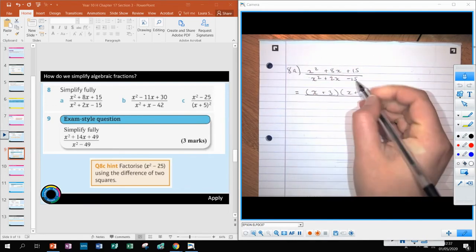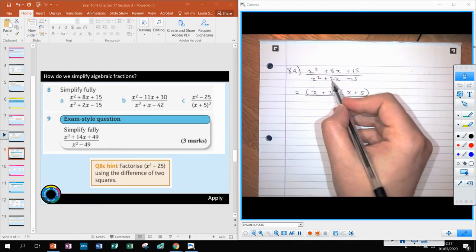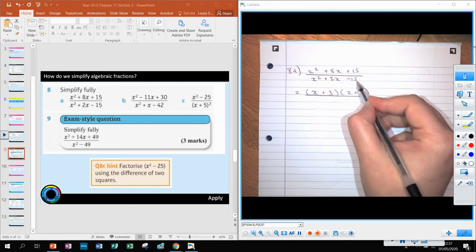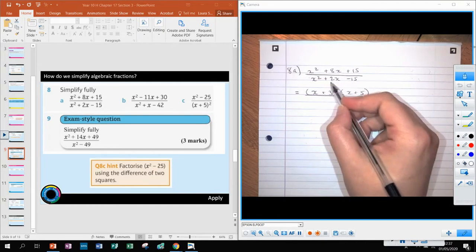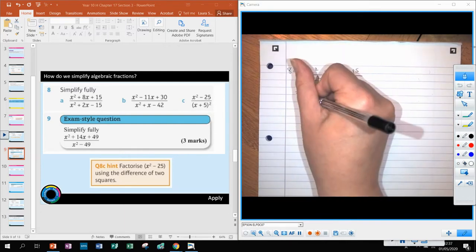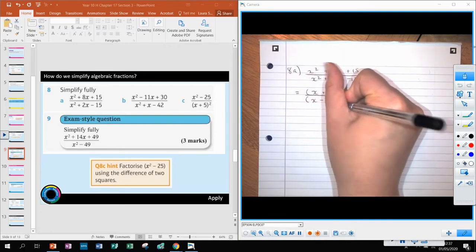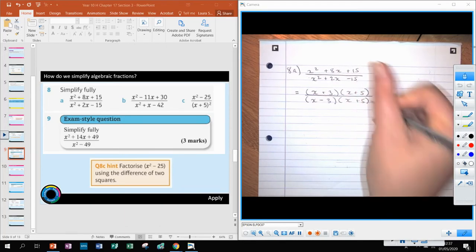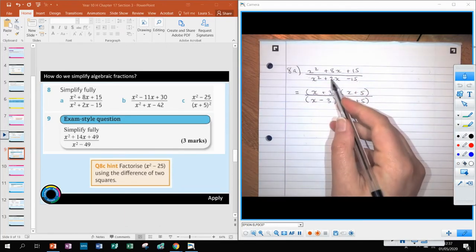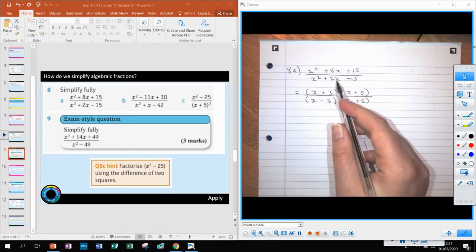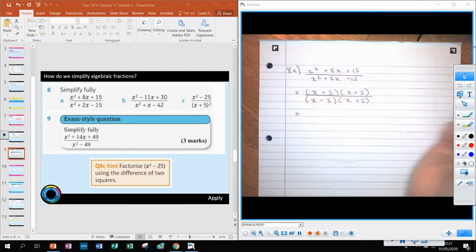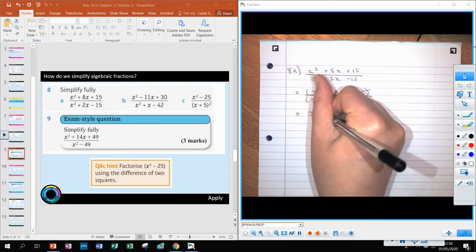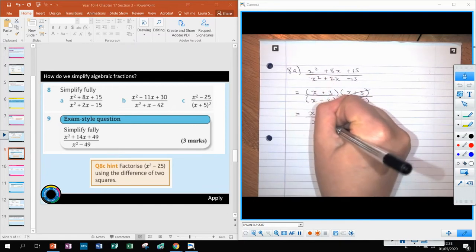Looking at our denominator, we want to add to 2 and multiply to a negative 15. So I know it's 3 times 5. That's a difference of 2, but the 5 is going to be positive. So we have x minus 3 and x plus 5. Why? Because 5 minus 3 would give me the 2 when I simplify my x terms. Now we can cancel down the x plus 5's, leaving us with x plus 3 over x minus 3.